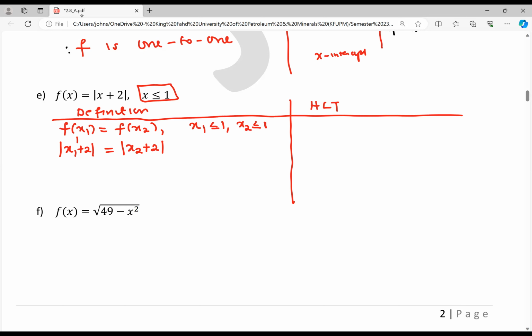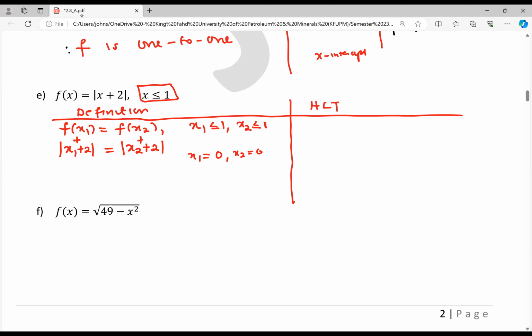Here we have to be very careful, because if you take x1 to be 0, you see this will be positive. Let's take x2 also to be 0. So you have both positive, and you can easily remove the absolute value.